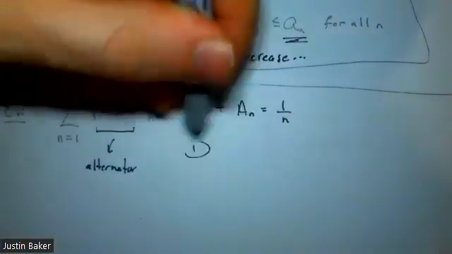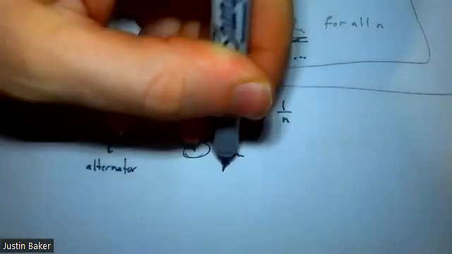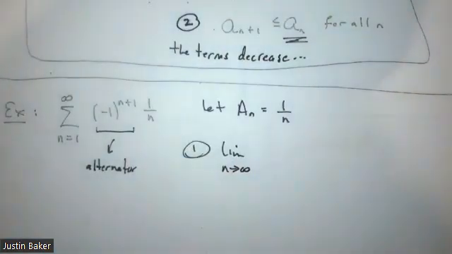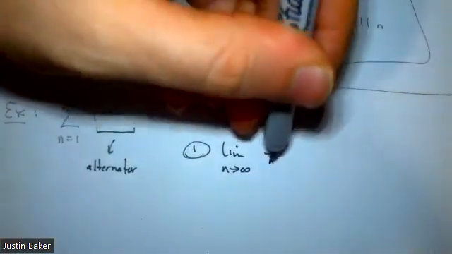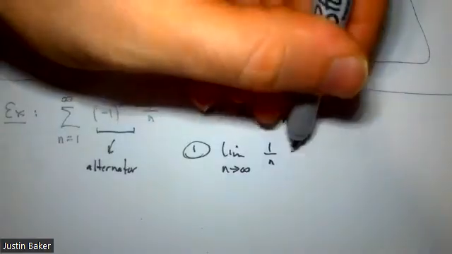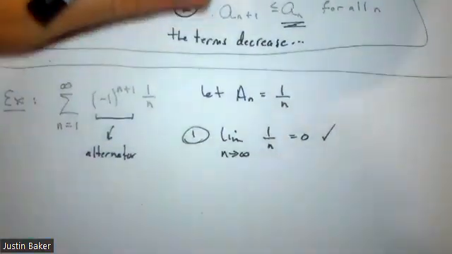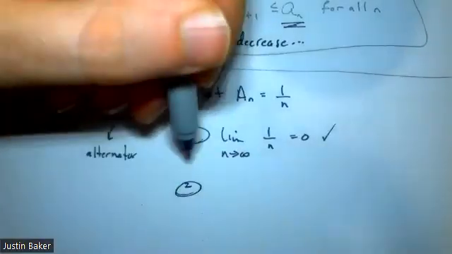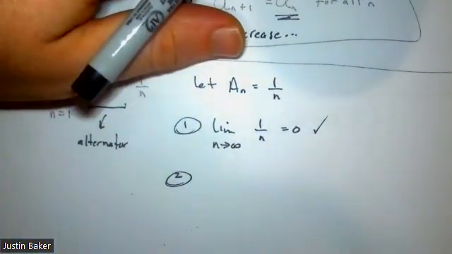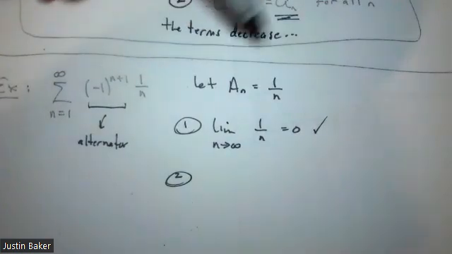So the first one, the limit as n goes to infinity for 1 over n. Sounds like 0 to me. Check. And then the second one is going to be, we're going to compare a sub n plus 1. And all you have to do is just plug in n plus 1 to this one.